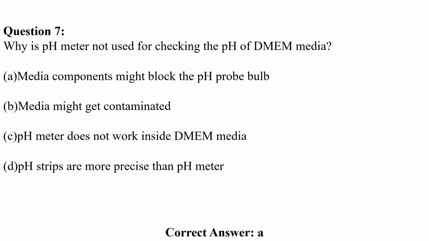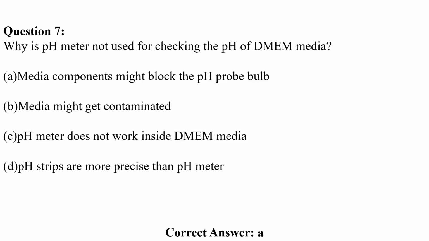If I add a drop of media to the pH strip and check the color, the color I perceive, you may perceive differently, and you can report the pH to be slightly different from my observation. So in that sense a pH meter is more precise.